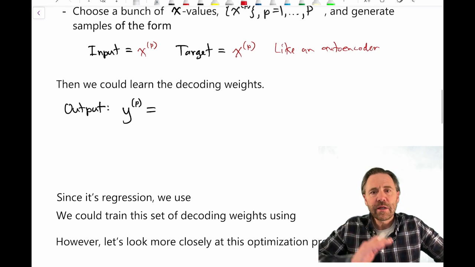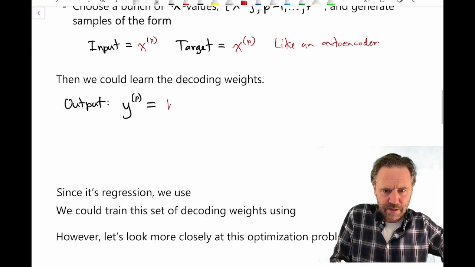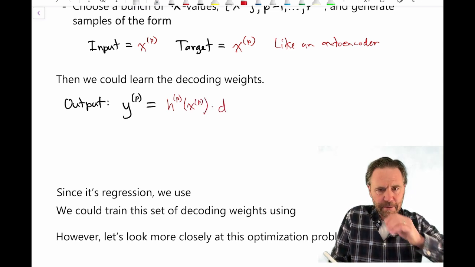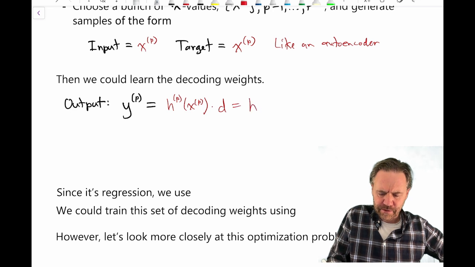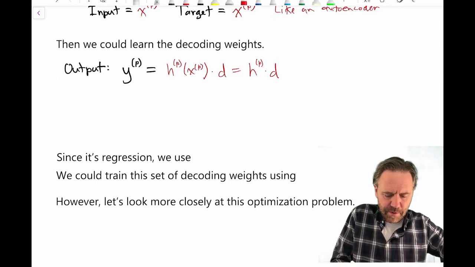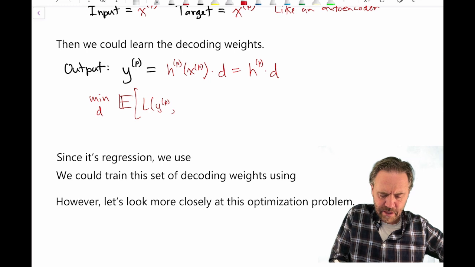Okay, now how do we learn the decoding weights? The output of our network, remember, is our hidden representation, which depends on our input, dotted with D. If I get rid of the dependency on X, I'm just using the dot product here. So what we want to do is minimize over the different possible decoding weights D the expected value of our loss between our output and our target, which is the X value.